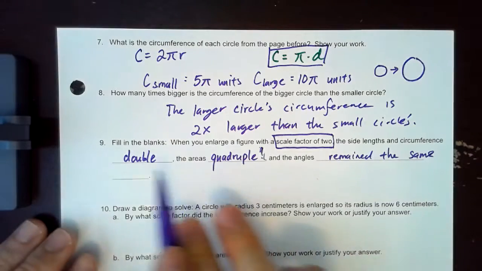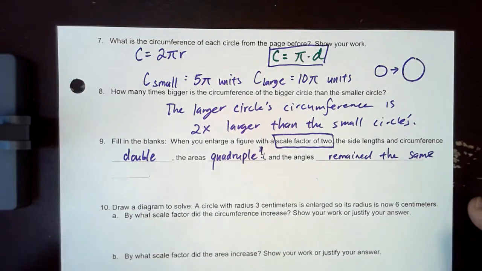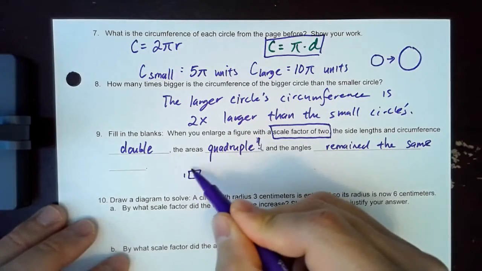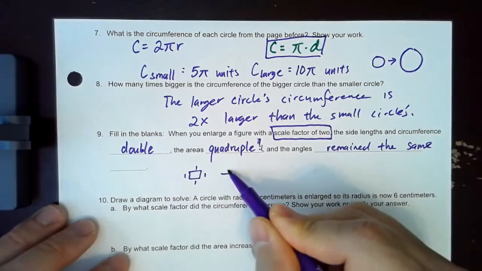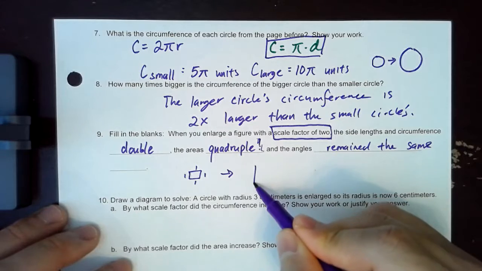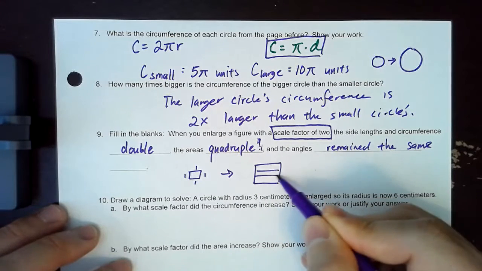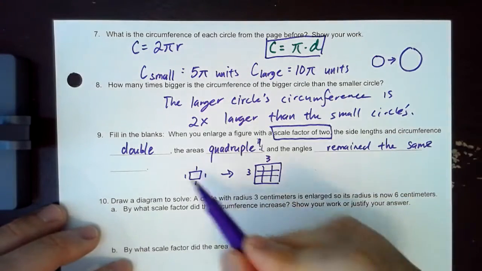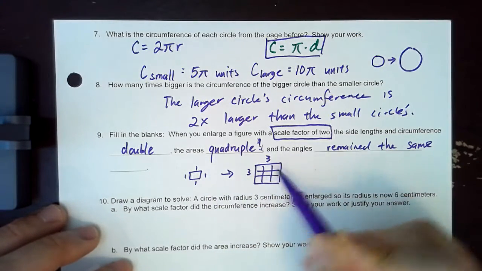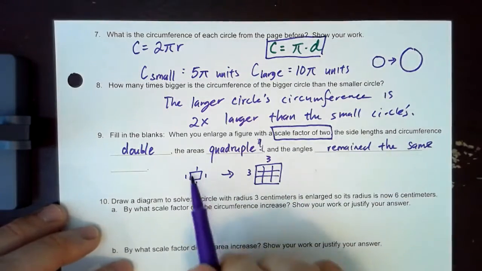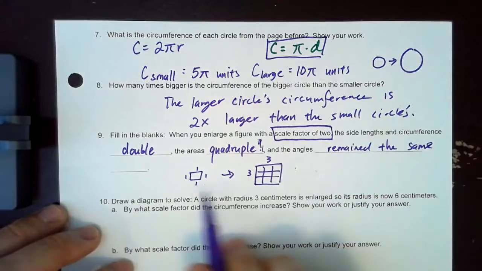Okay, I hope you understand that. Again, the reason why when you double the side lengths that the perimeter doubles is because it's very simple. If you take a square that's a 1 by 1 by 1 by 1 and, let's say, you triple it, class, you then end up getting a 3 by 3. You could see that the perimeter would triple. The perimeter used to be 4 here, and now it's 12. But you could also see that the area is not triple.